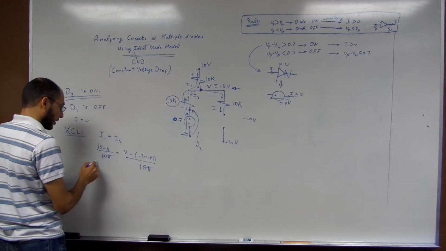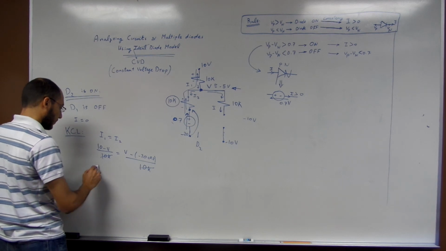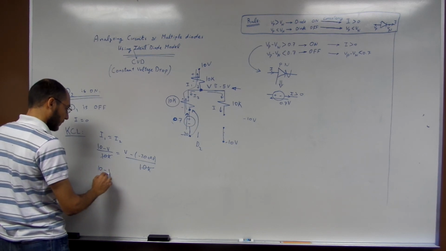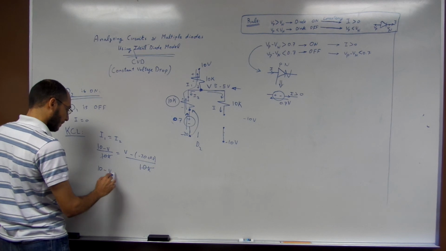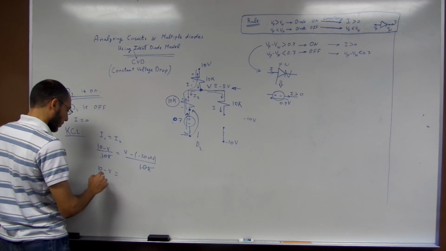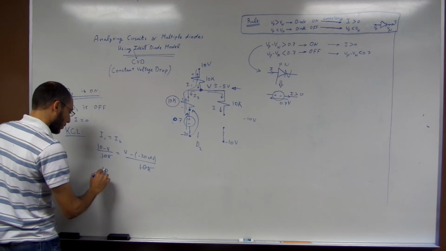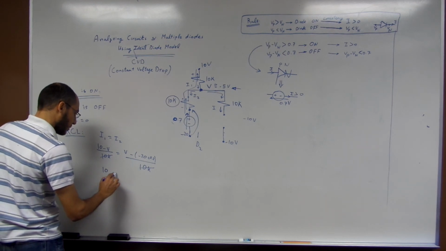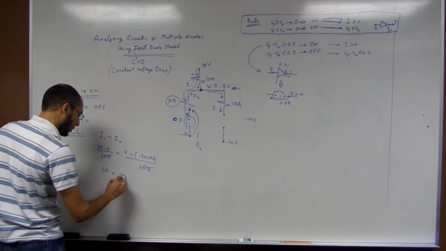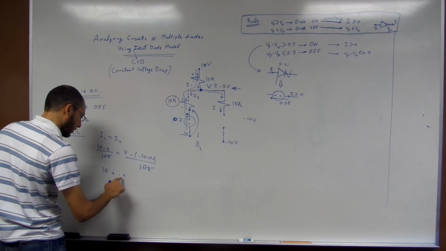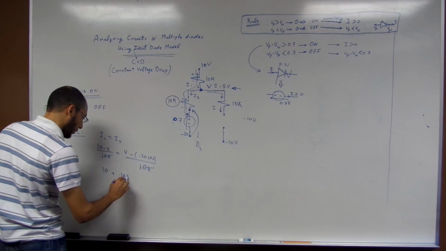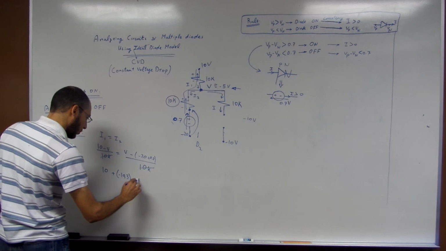10k by 10k, right? 10 minus V, 10, so that's 10 plus negative 19.3 equals 2V.